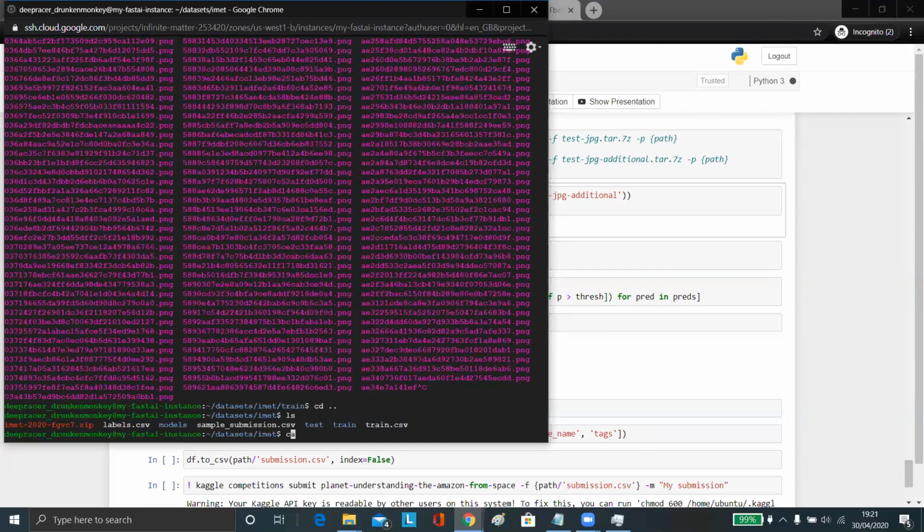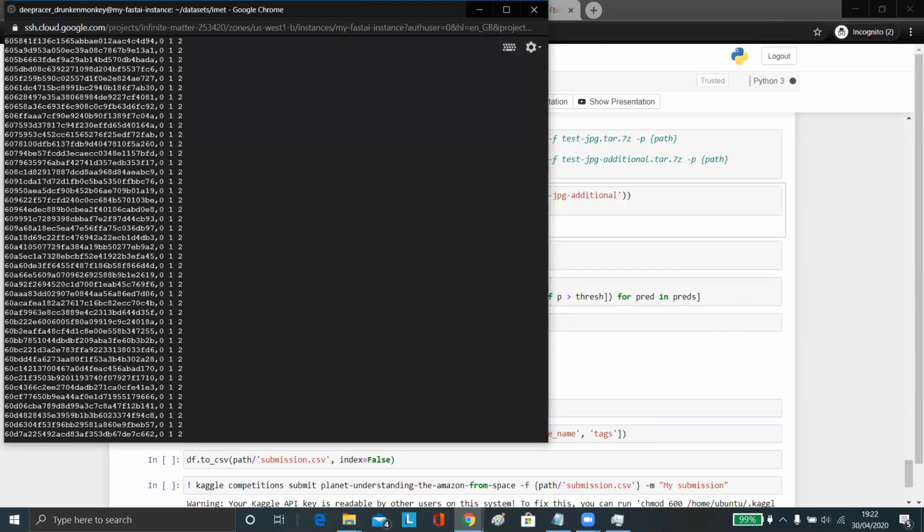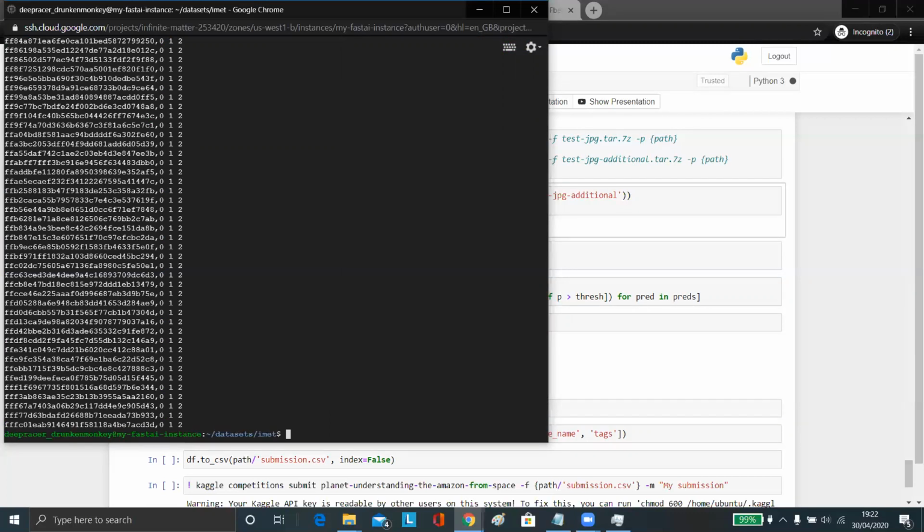If we cat the sample submission CSV, yeah, so it's just the name, comma, without the .tiff on it, and then the classifications, space delimited. So it looks exactly like the training labels that we have. So that's good. We don't need to do any of the conversion into human interpretable labels and back again. Unless you're going to get any use out of it, there's just not much point.